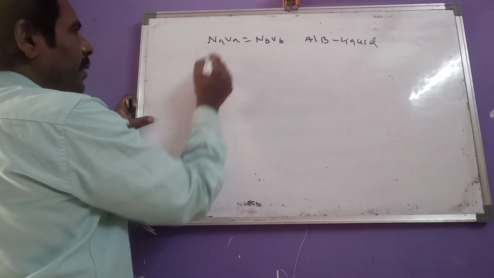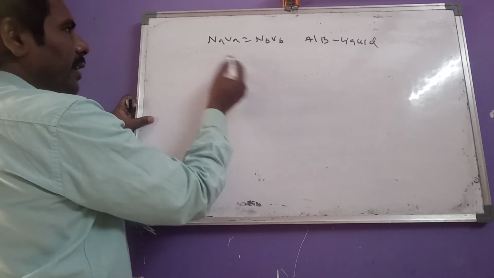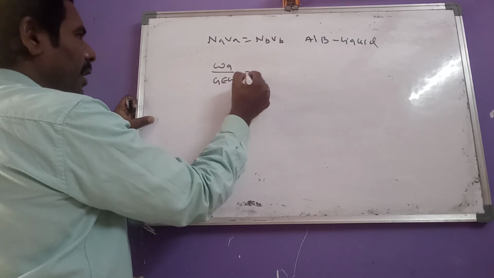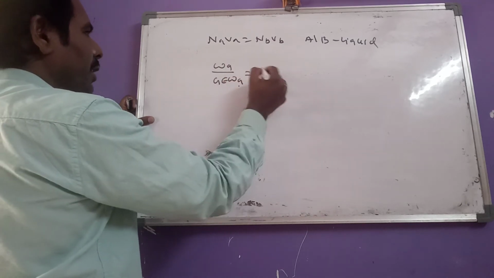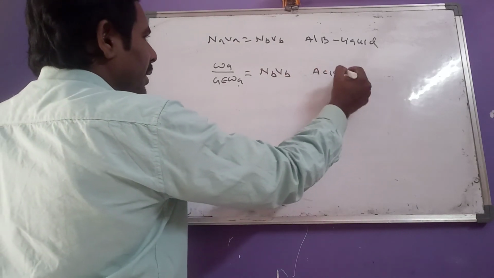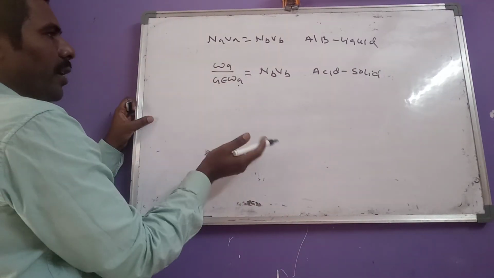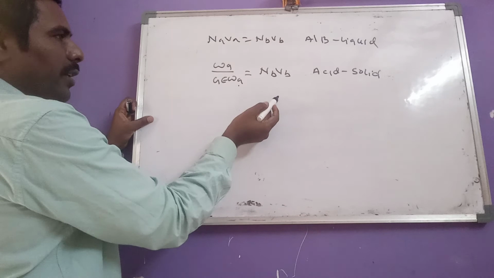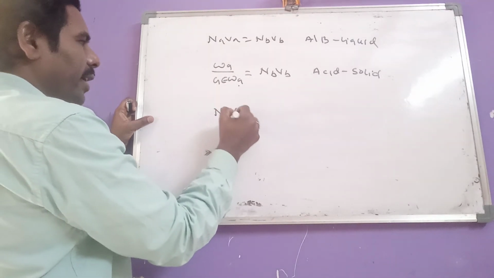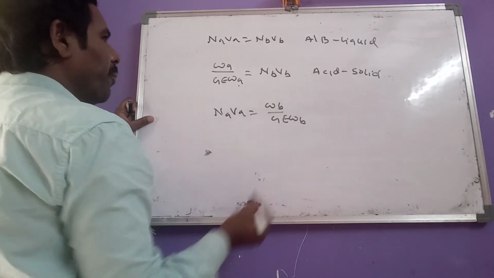If acid is present in solid state and base in liquid state, the formula is weight of acid by gram equivalent weight of acid equals NbVb. If base is present in solid state and acid in liquid state, NaVa equals Wb by GeWb.